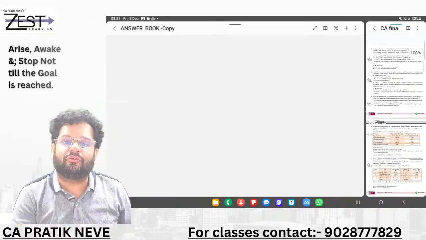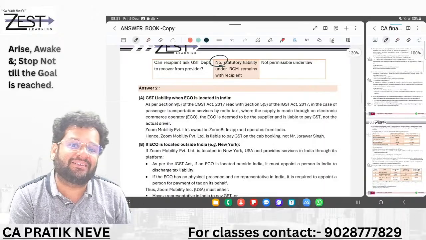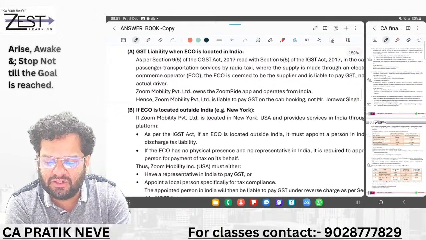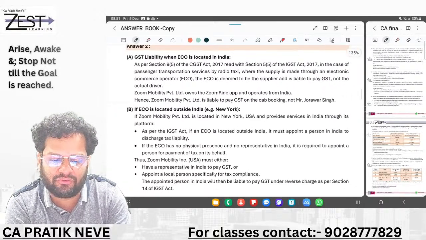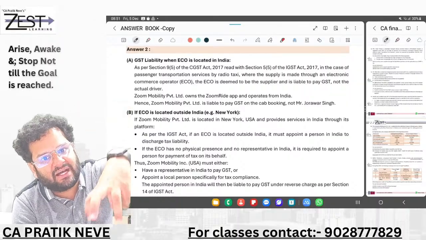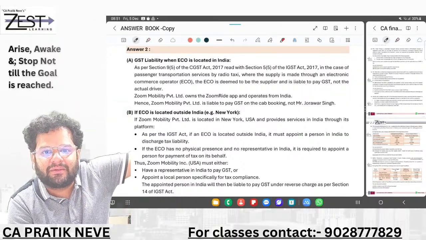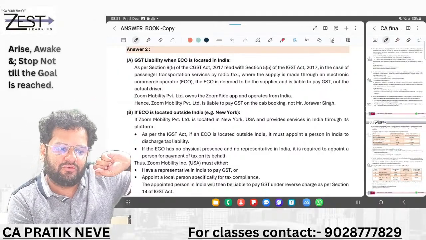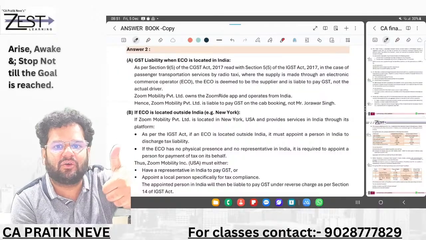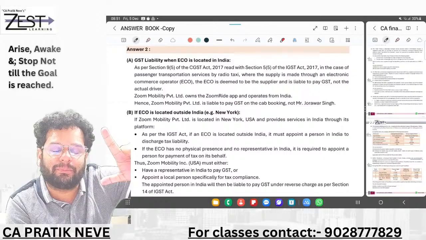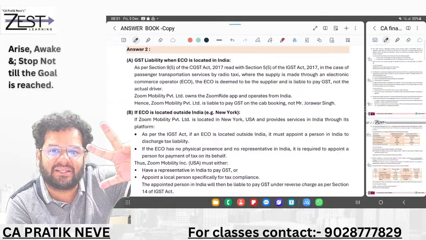You should know Section 9(5) and Section 95. What other things are covered in 9(5) and 95? Section 9(5) of the CGST Act is the liability of the ECO to pay GST. When some notified services are supplied through an ECO, it is the liability of the ECO to pay GST. Friends, which are those notified services? One is this cab. Second is bus operator services provided by other than a company.